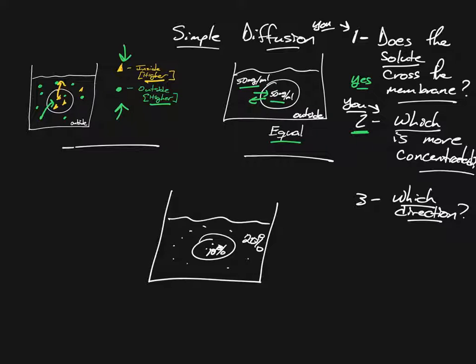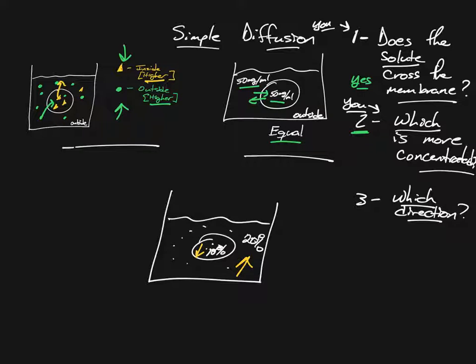Now we go back to the same process. I keep telling you, you have to learn the process. What's the process? One, does the solute cross the membrane? For sugar, yes, it does. So it crosses. Second, which side is higher? Which has more concentration? The outside. So what I do every time is put an up arrow for high, outside, and a down arrow for low, inside.